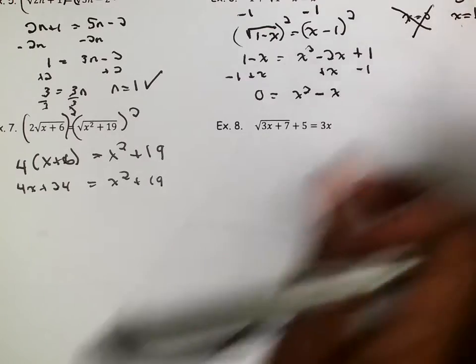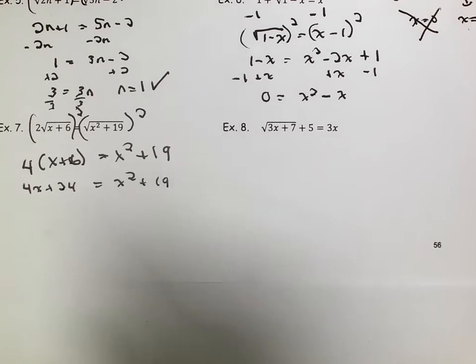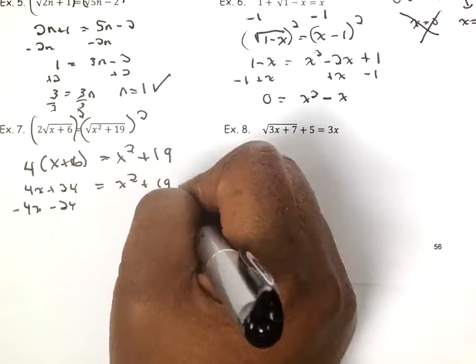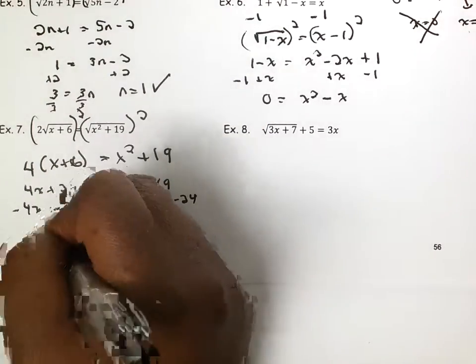And again, I have a square term, so I have to set it equal to 0. So I'm going to subtract 4x and subtract 24 from both sides.